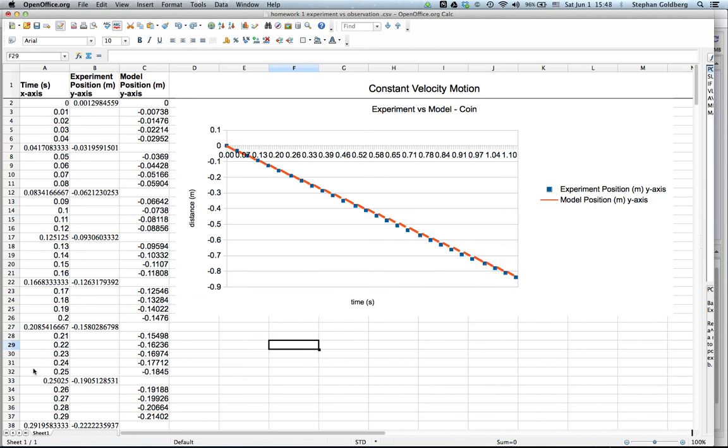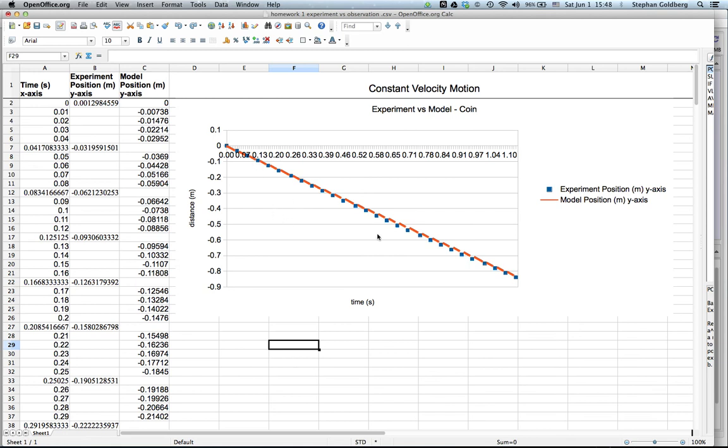Here are the numbers in the spreadsheet, and this graph represents the data, while the orange line is the model and the blue dots are the positions in the actual experiment.